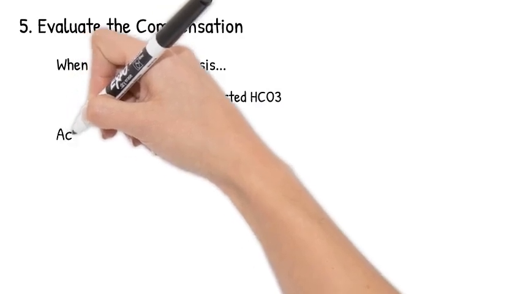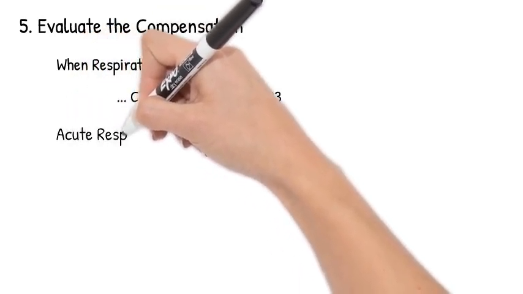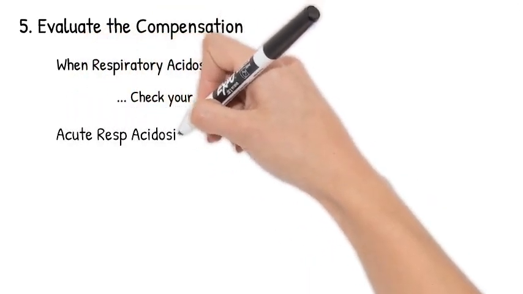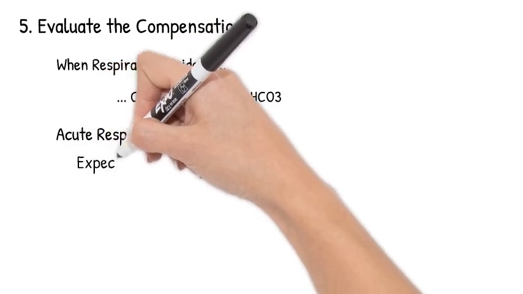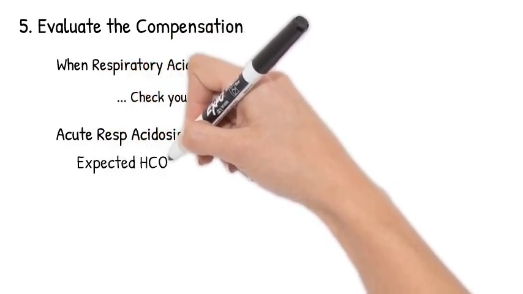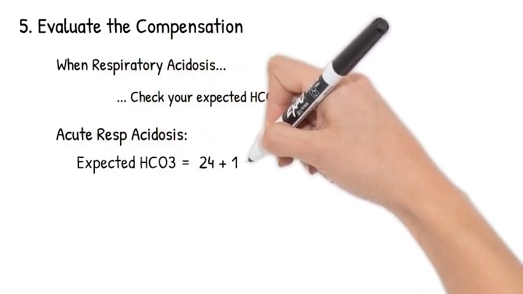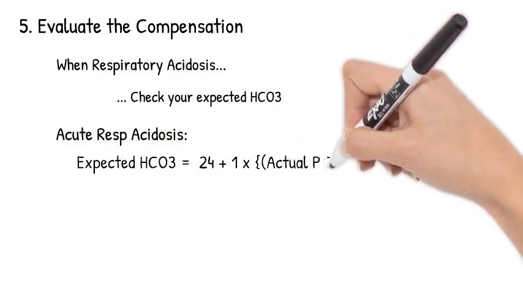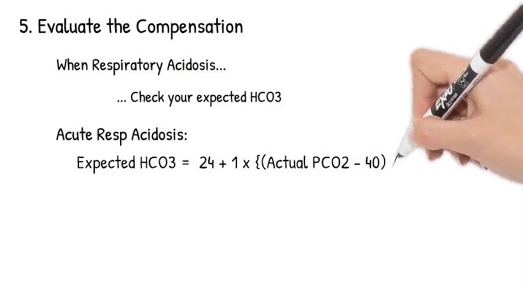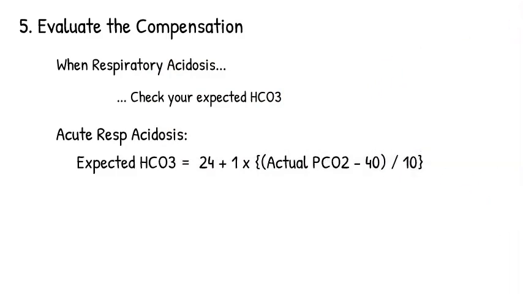So when it's acute respiratory acidosis, the formula that we use to work out the expected bicarb looks like this. So it's 24 plus the actual PCO2 minus 40 divided by 10. So the bicarb will increase by 1 point for every 10 millimeters mercury change in the CO2.